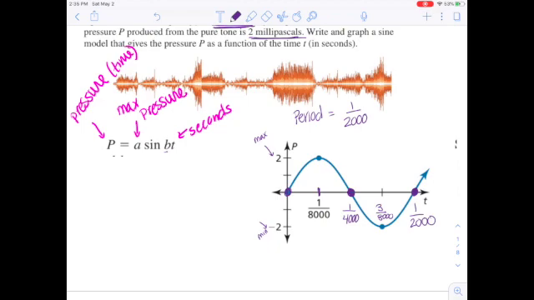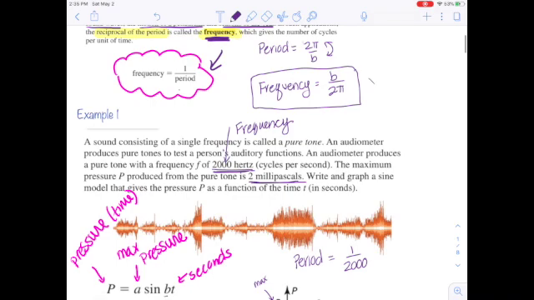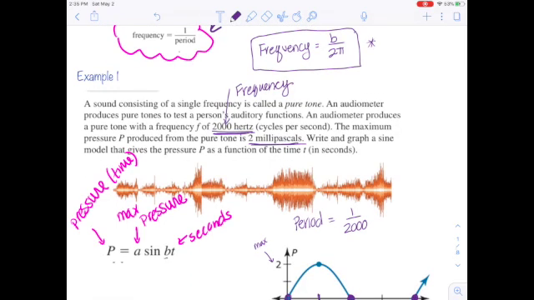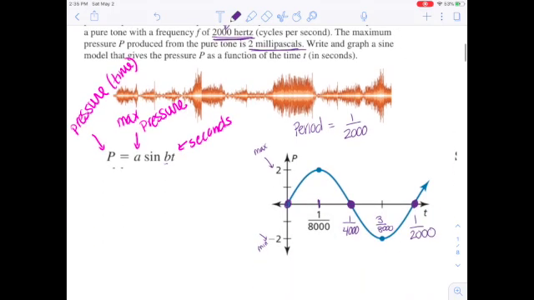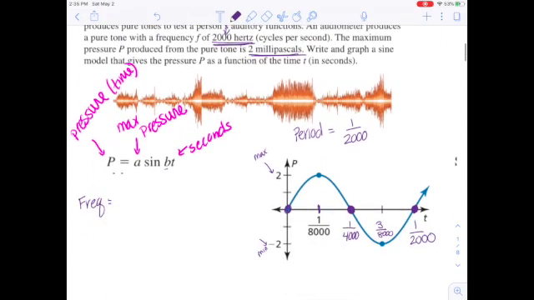That's not doing much to help write the equation because we need to find our b value. So looking for our b value, we're going to use what we talked about in the very beginning about frequency. Our frequency is equal to b over 2 pi. So let's use that. Frequency equals b divided by 2 pi.